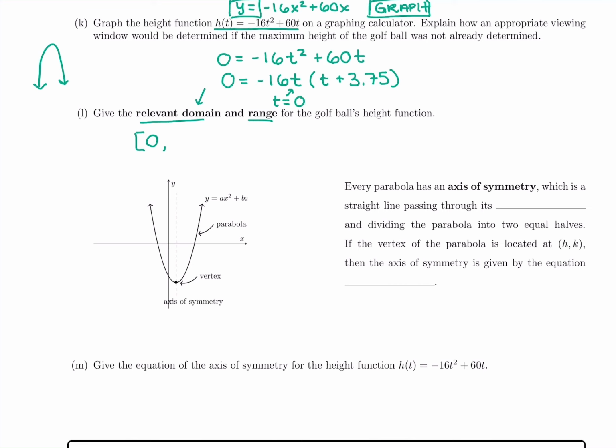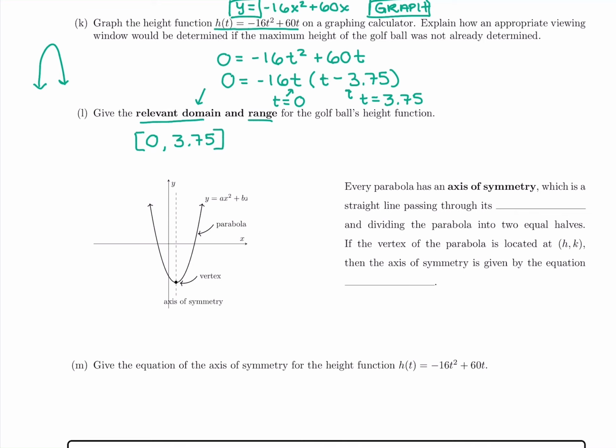At time 0, -16 times 0 would be 0. And also at time 3.75, we have to be careful on this sign here. We'd multiply a negative times a negative to get a positive 60. So there's my domain. The ball is hit at time 0. It's up in the air until back down at 3.75 seconds, which we knew was sometime between 0 and 4 seconds based upon our sketch earlier.